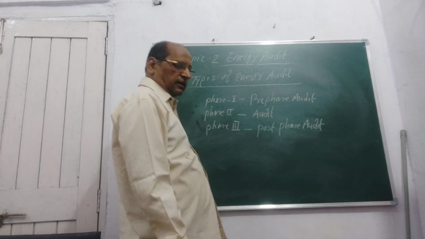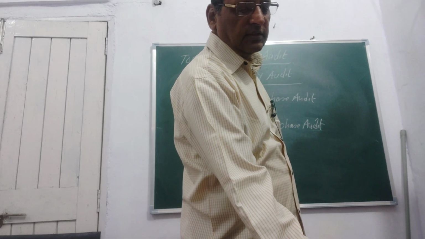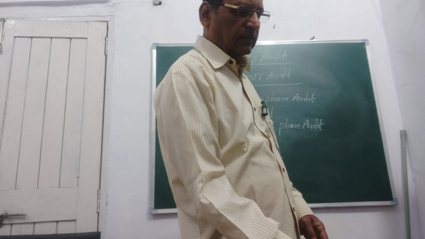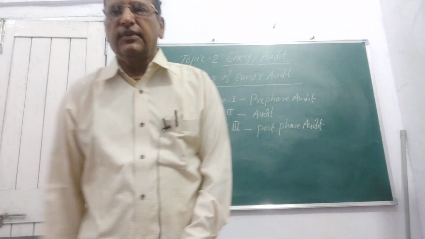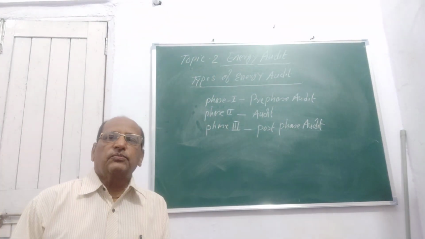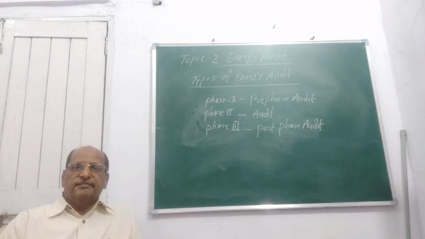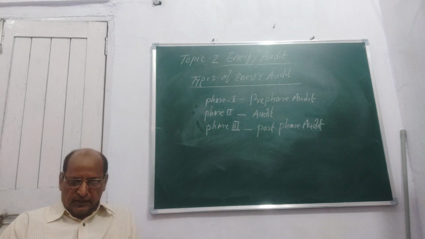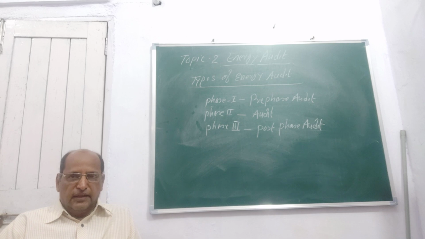So there are certain criteria for this auditing process. There are certain points which I will discuss with you. So in energy audit, when we go for audit phase number 1, then it includes walk-through audit.